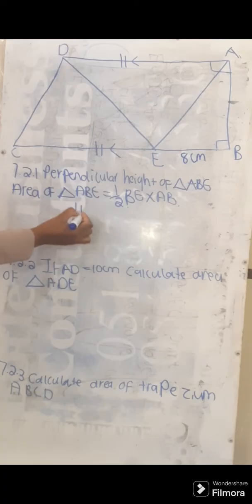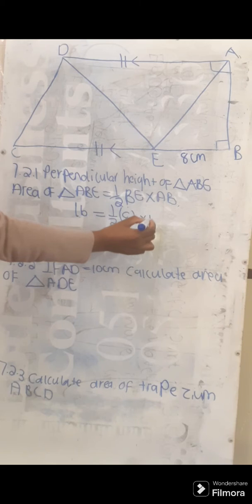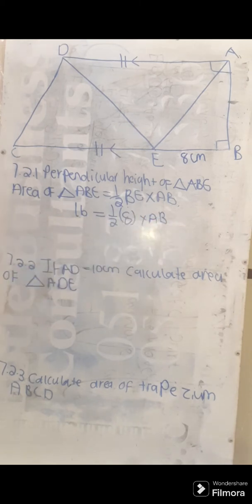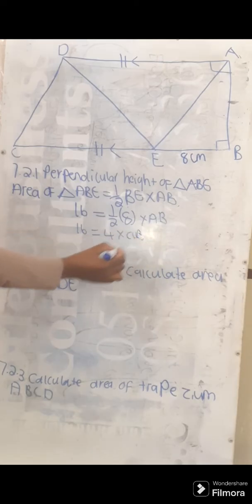For area here we have 16, 1/2, and then for BE we have 8 centimeters, and then times AB. So this is going to be 16 equals 4 times AB.